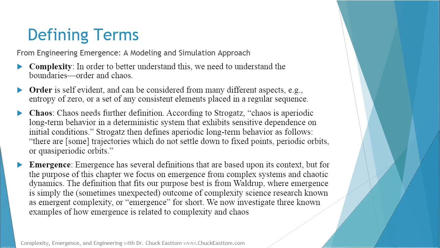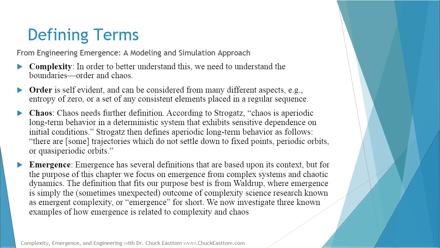Now, chaos has a lot of definitions and a lot of implications. One of the most widely read books on complexity by Strogatz says chaos is aperiodic long-term behavior in a deterministic system that exhibits sensitive dependence on initial conditions. Well, that still isn't quite clear, at least to me.